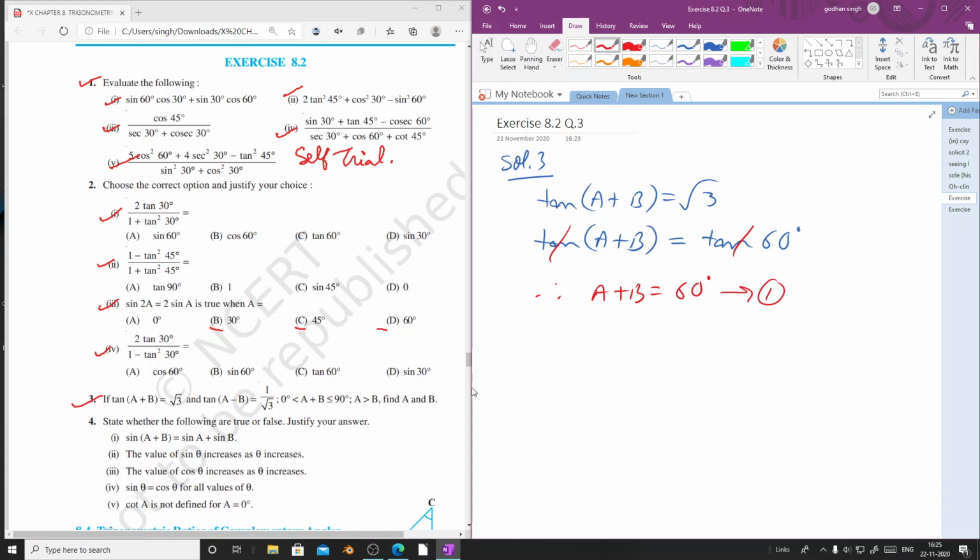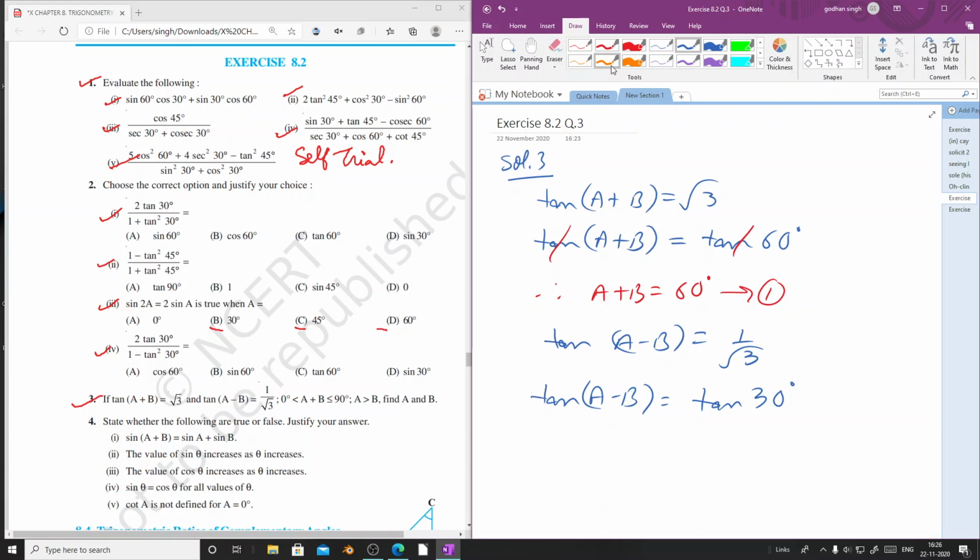See here, it says that A plus B can be less than 90, it can be equal to 90 or less than 90. So there is nothing wrong in this. Now next, what we have is tan of A minus B equal to 1 by root 3, and 1 by root 3 we also write in terms of tan: 1 by root 3 we can write as tan 30 degree, because tan 30 is equal to 1 by root 3.